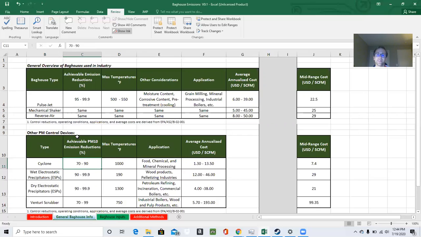Now, what I mean by that is, as you can tell, they're very high control efficiencies and emission removal efficiencies when operated properly. However, they have huge problems when you're dealing with material that is corrosive, extremely high temperature, or with a high moisture content. Anything that is moist or wet can generally cause clogging in the baghouses.